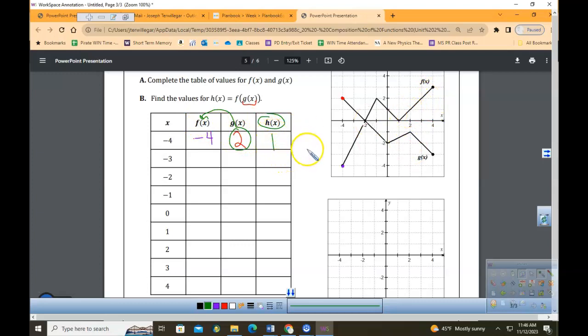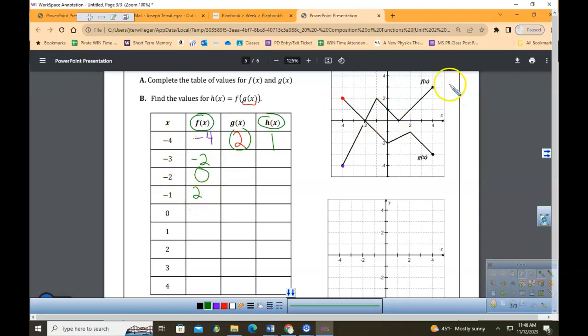Okay? Let's make our life a little bit easier. That's how I would do it if I was just looking for one individual point. But if I'm doing a whole chart, I'm going to do all my f of x's first. So f of negative 3 is negative 2. F of negative 2 is 0. F of negative 1 is 2.